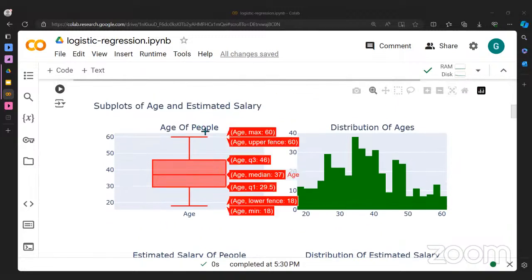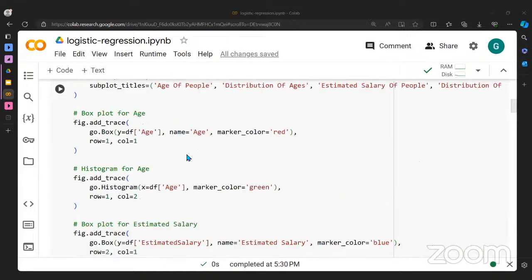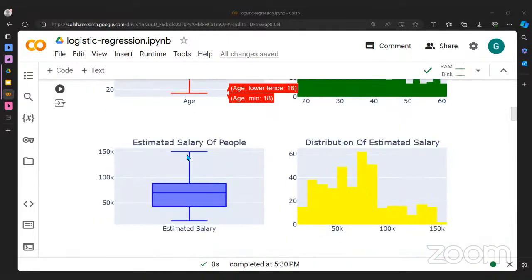So we had the age of the people. We can see the minimum value, the lower fence, the first quartile, the median, and the third quartile. You can also validate this from the df.describe that we did.